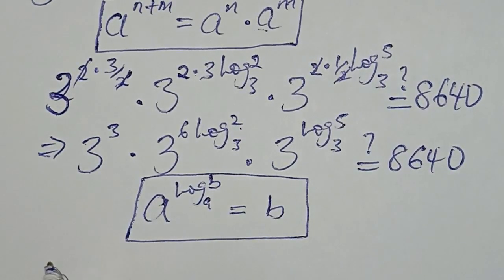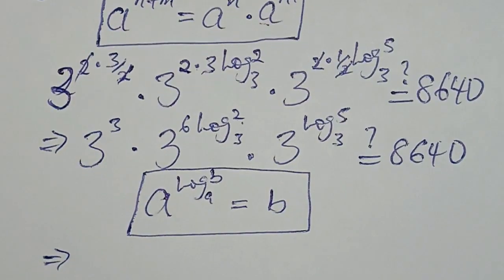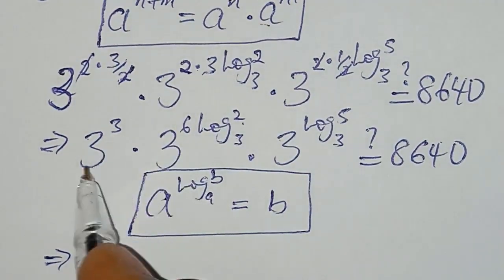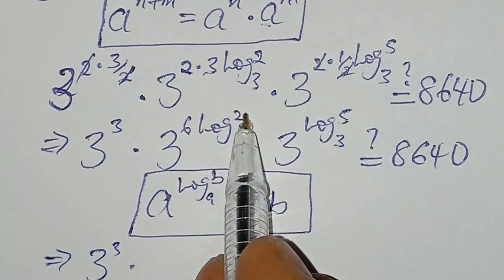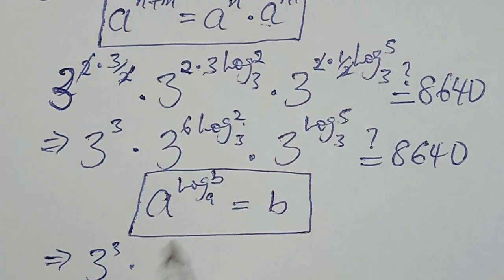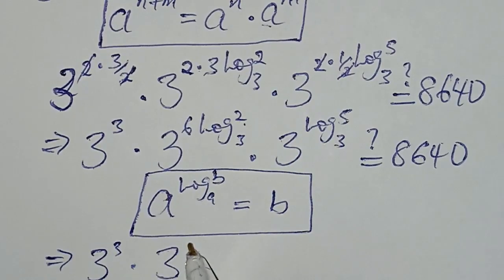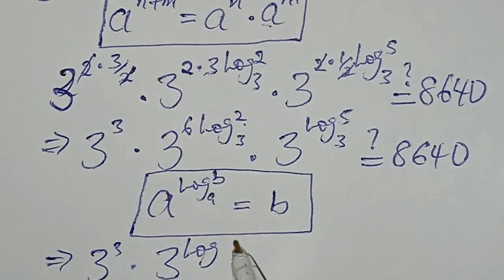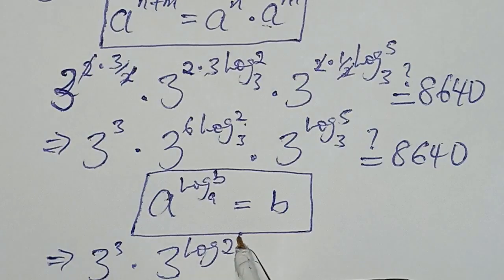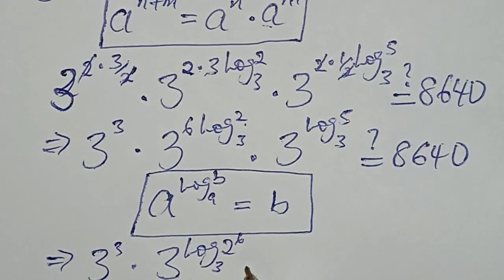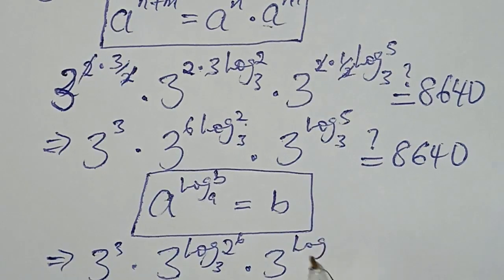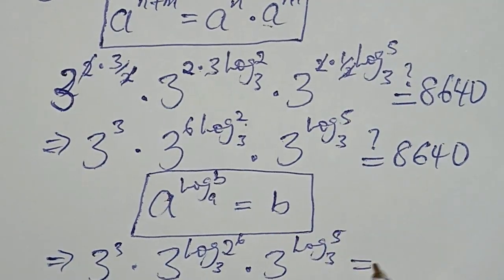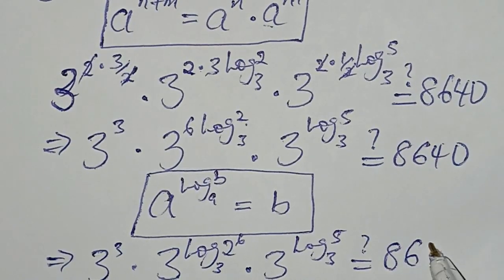So we have 3 to the power of 3 multiplied by, this is returned back to the exponent of 2, so we have 3 to the power of log 2 to the power of 6 base of 3 multiplied by 3 to the power of log 5 base of 3. Will that be equal to 8,640?